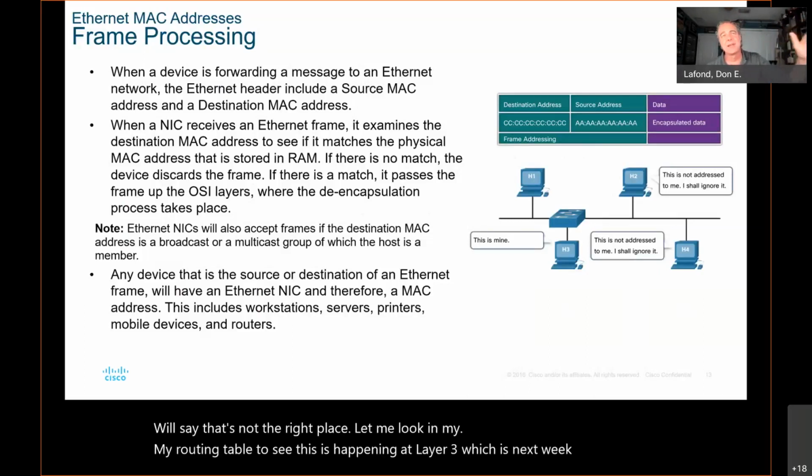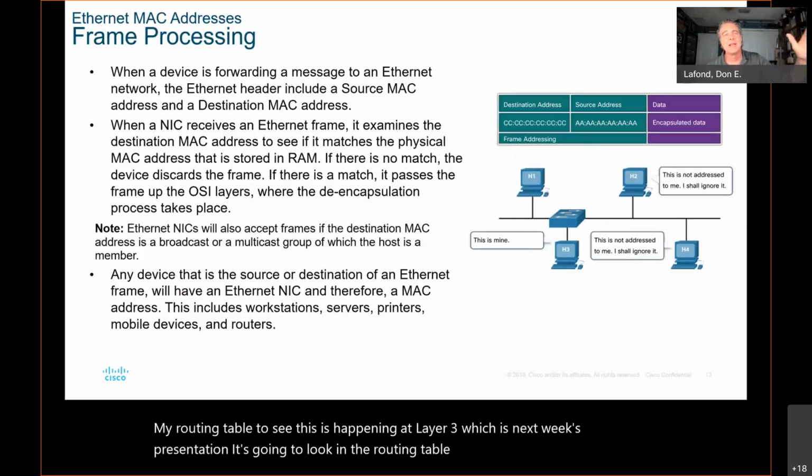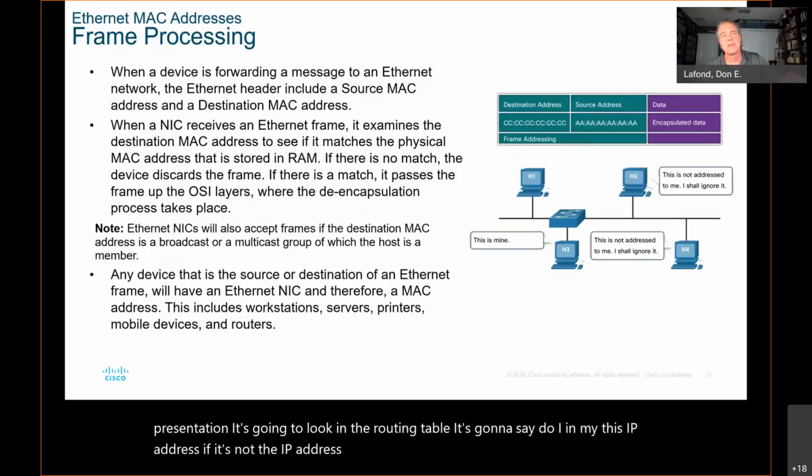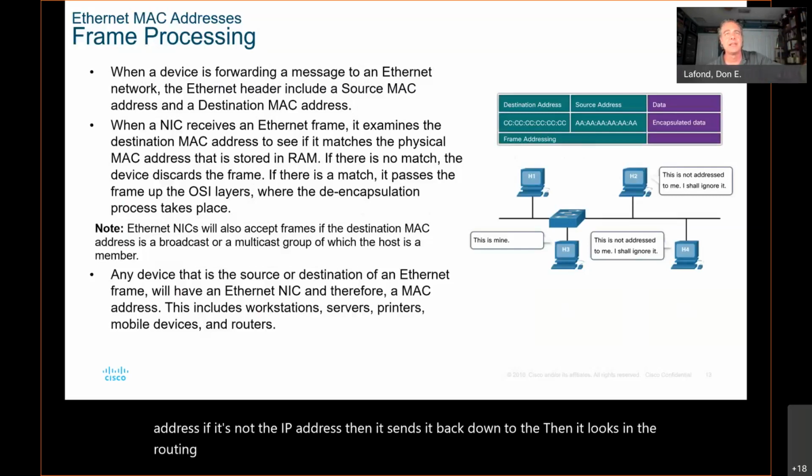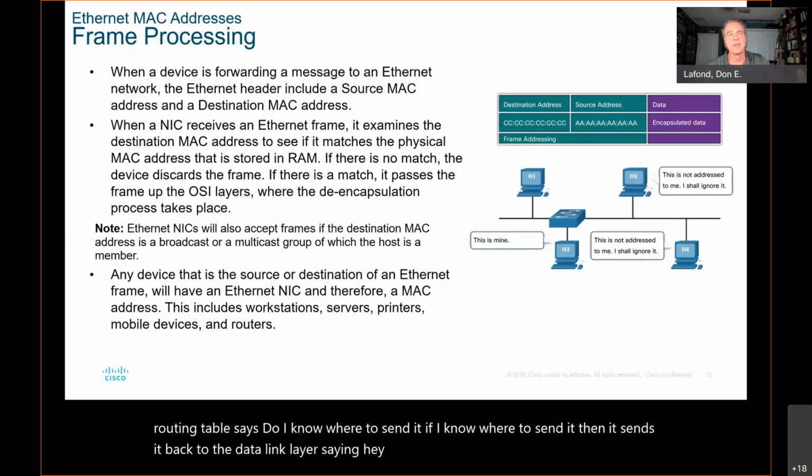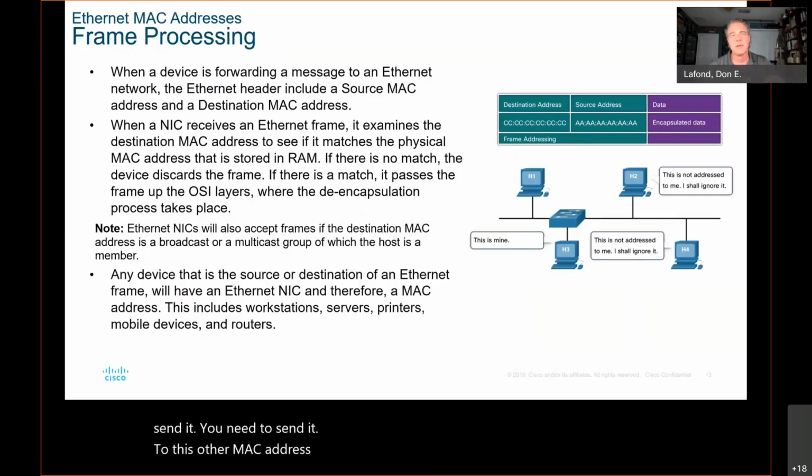It's going to say, am I this IP address? If it's not, it looks in the routing table and says, do I know where to send it? If I know where to send it, it sends it back to the data link layer saying, this isn't me, but I know where to send it. You need to send it to this other MAC address, this other place. And then off it goes.